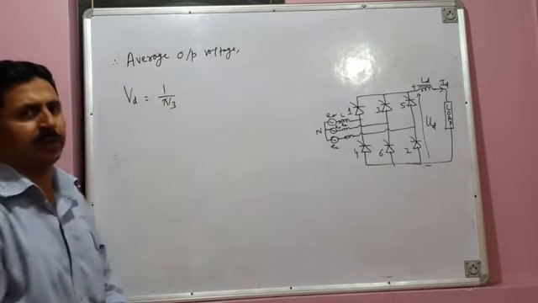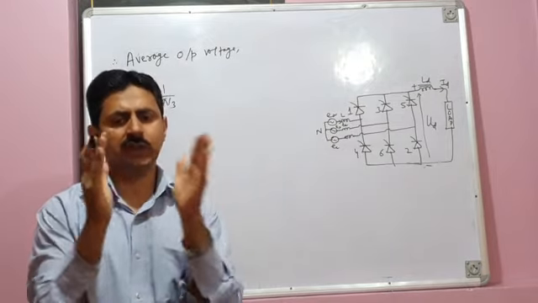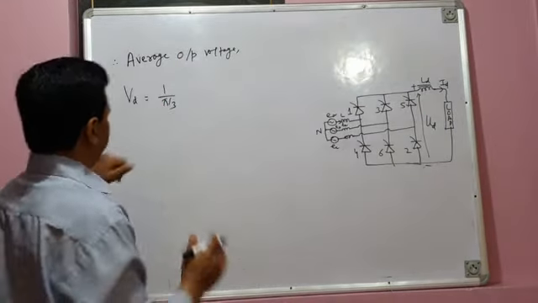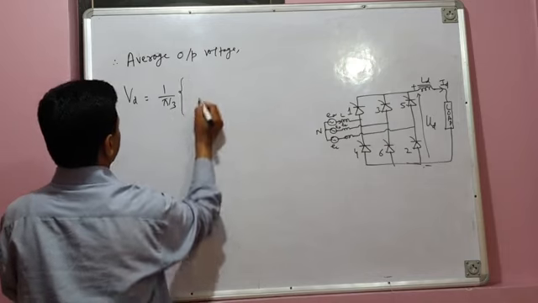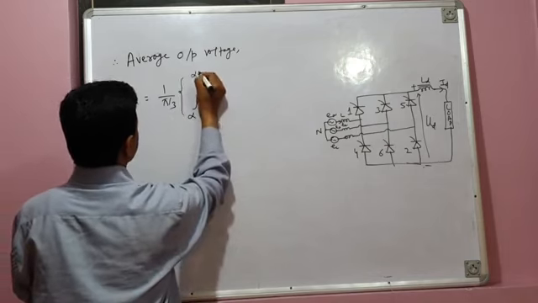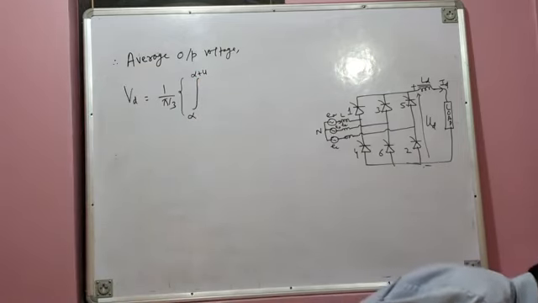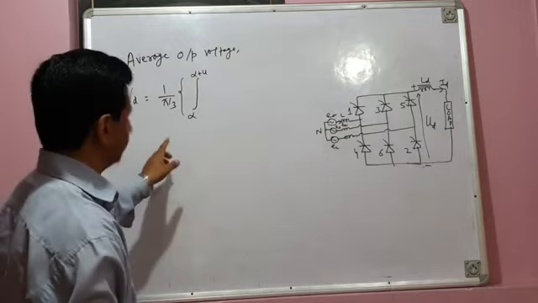The time period I am taking pi by 3, 60 degree, because each interval is 60 degree. So the time period is 1 by pi by 3 multiplied by integral alpha to alpha plus U.